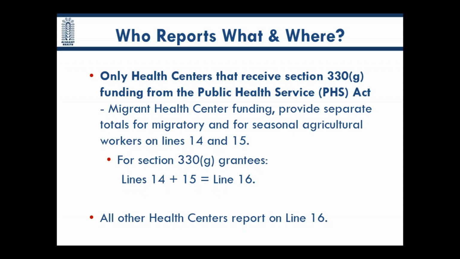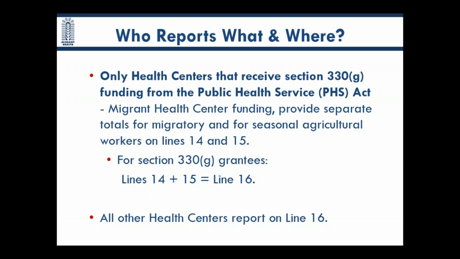So, who reports what and where? Only health centers that receive 330G funding are required to break down their ag worker population for reporting purposes into migratory and seasonal. If you are not a 330G or migrant health funded health center, you only report in line 16, which is your total number of ag workers.